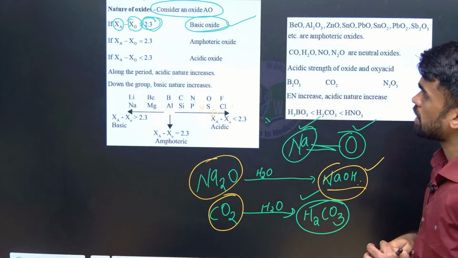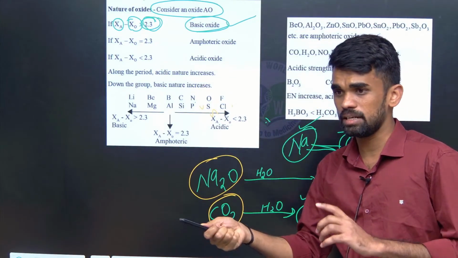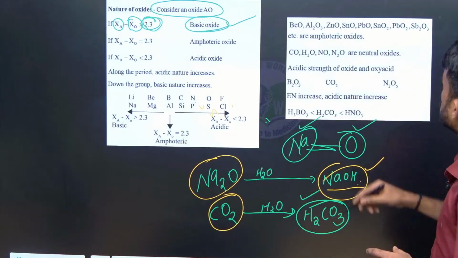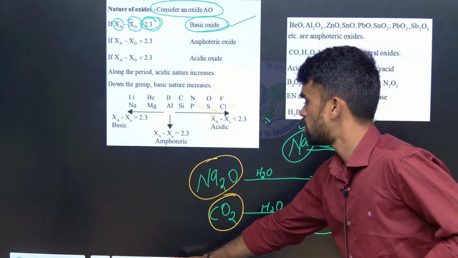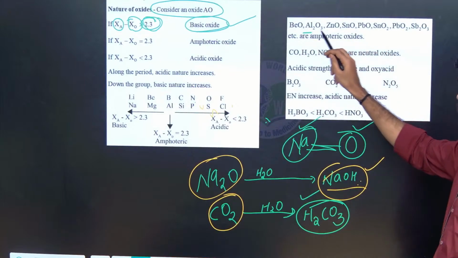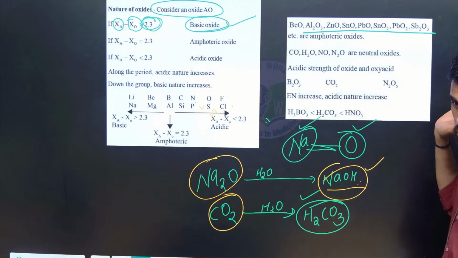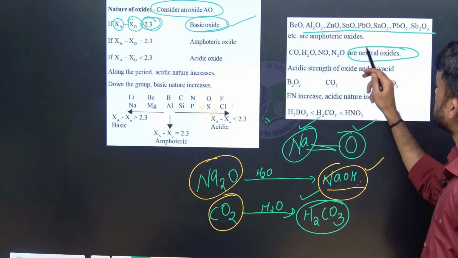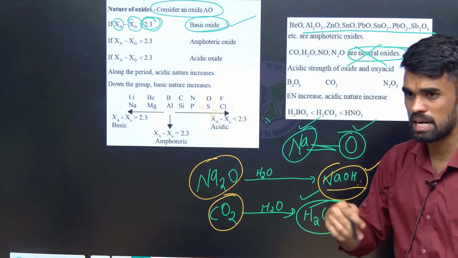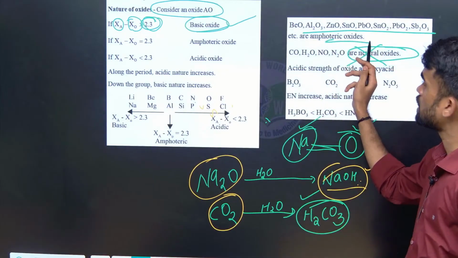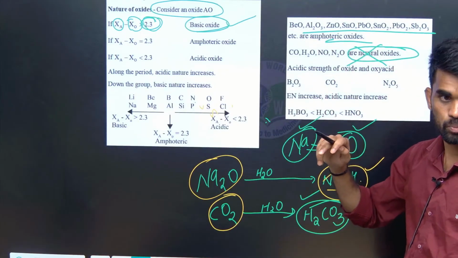Amphoteric means it can react with both acids and bases. Here I have listed a few acidic oxides, basic oxides, amphoteric oxides, and neutral oxides also. Neutral means they won't react with acids or bases, but amphoteric can react with both.